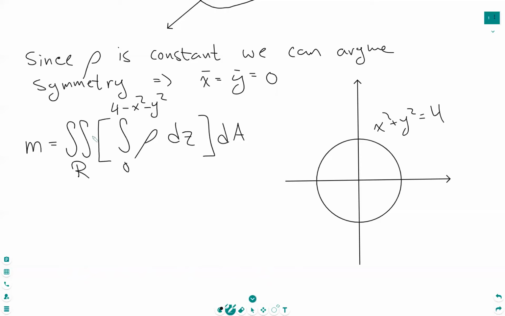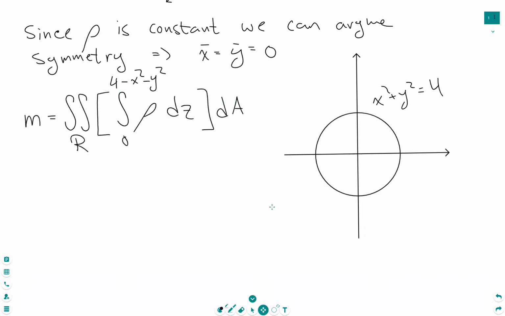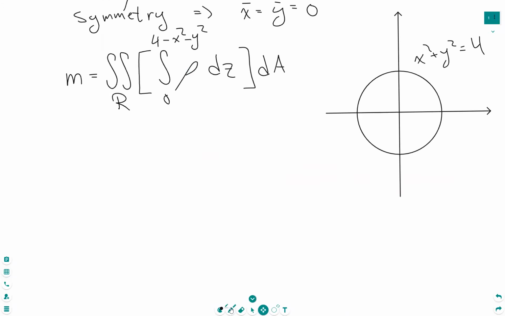The reason that I wrote it this way, instead of using Cartesian coordinates for this area integral, is I can calculate this z integral perfectly fine, but then I have to do the area integral of the projection. Well, I don't want to use Cartesian coordinates. This is a circle, so I'm going to use polar coordinates. So let's go ahead and first do this z integral here.